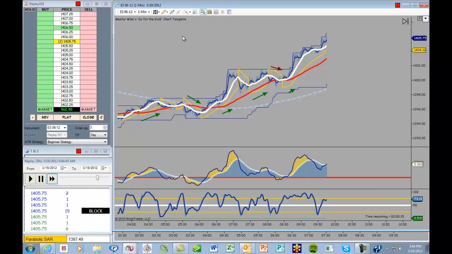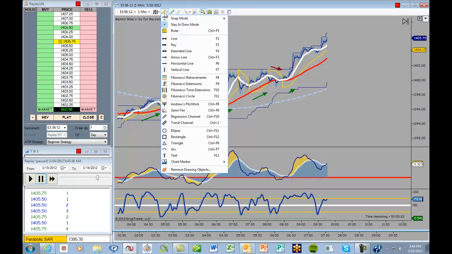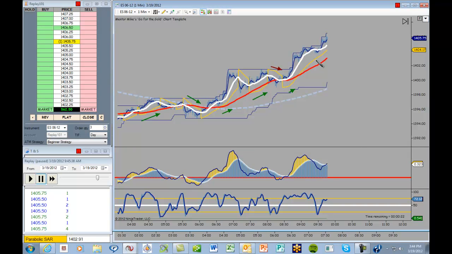Okay, let's pause that, draw our arrow. Okay, we got in when the price dipped below.